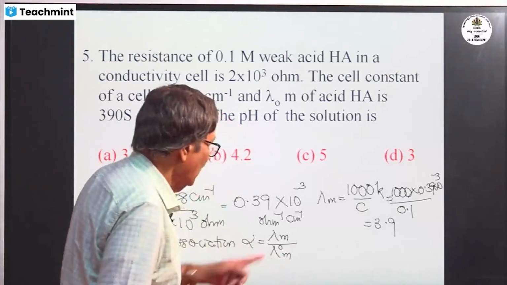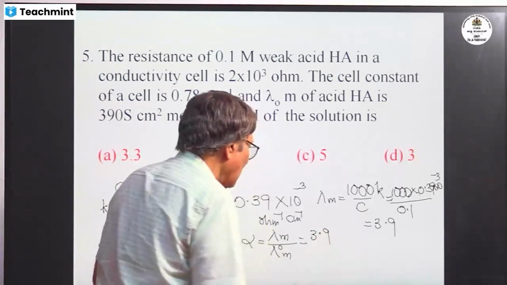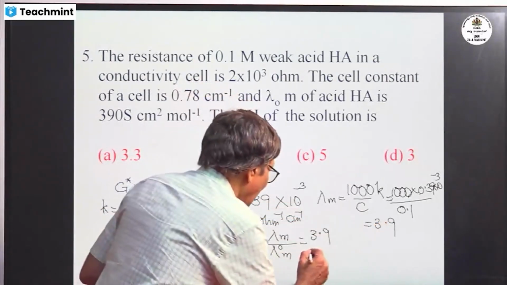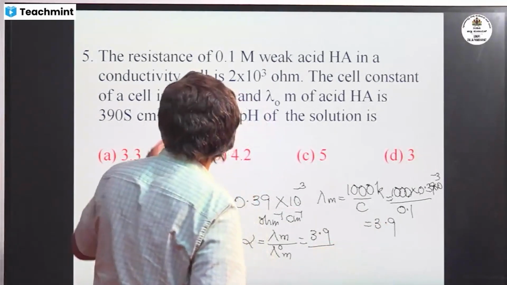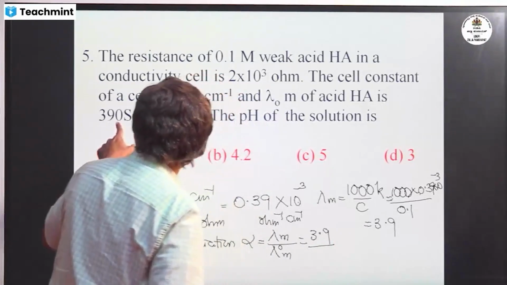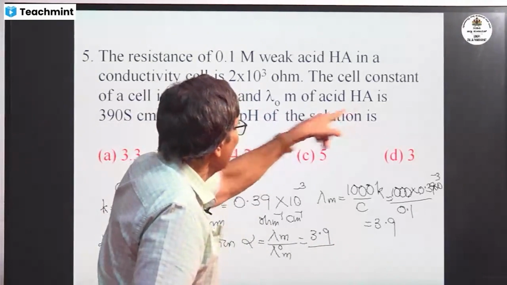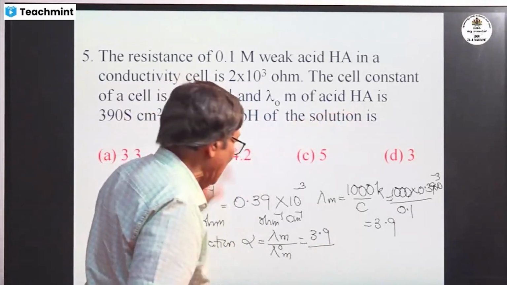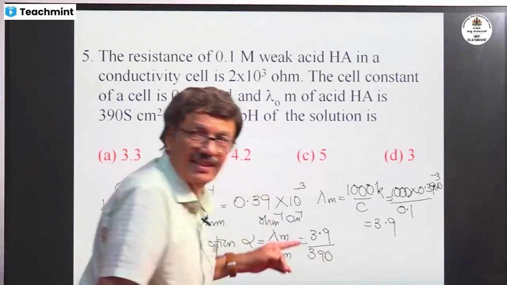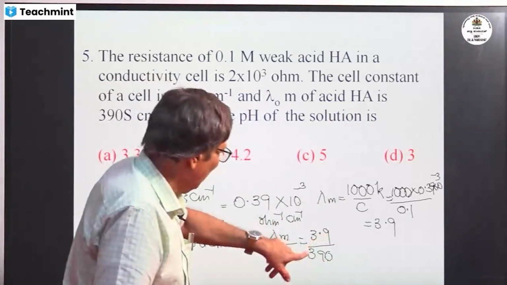Lambda m we calculated as 3.9, and lambda naught m of acetic acid they have given as 390.